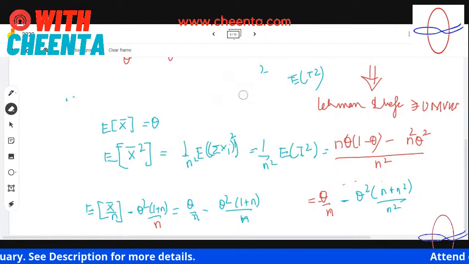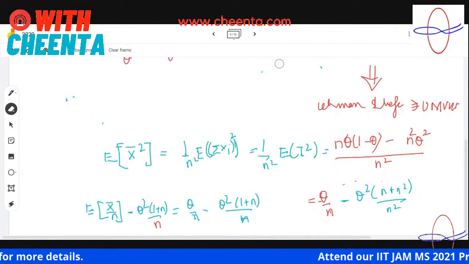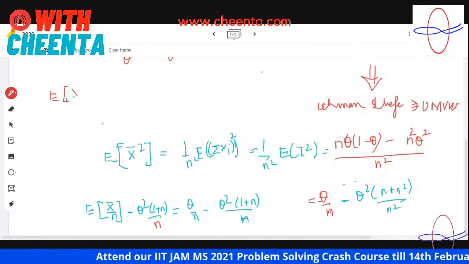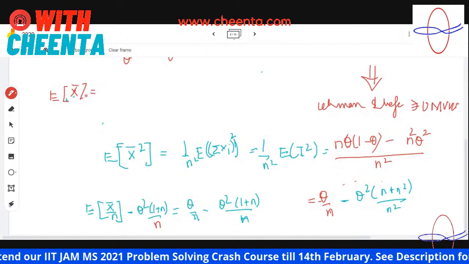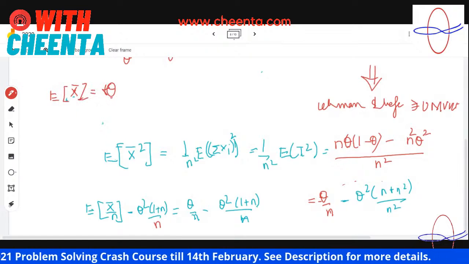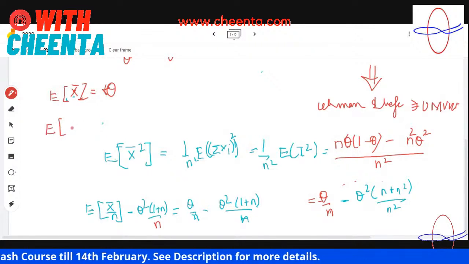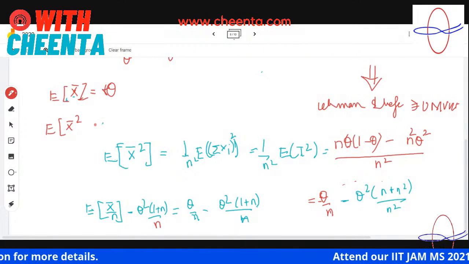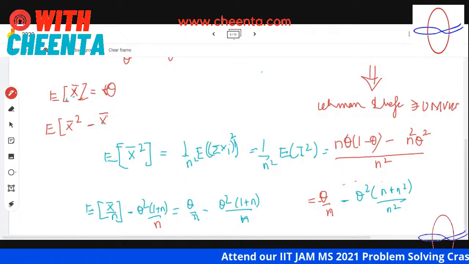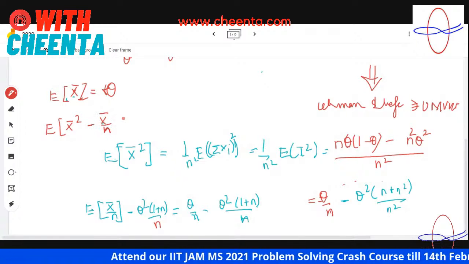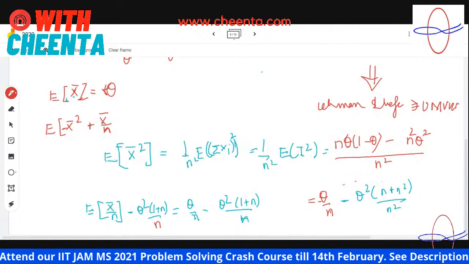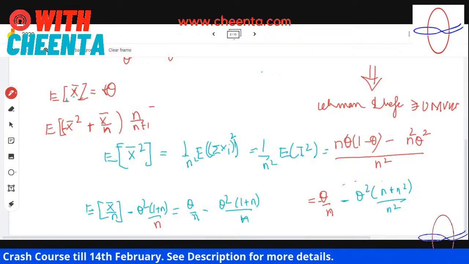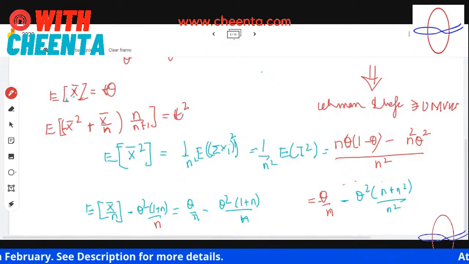Let's wrap this stuff up. So the expectation of x bar is theta, and the expectation of x bar square minus x bar by n, okay, here minus then plus, whole times n by n plus 1 is equal to theta square, right?